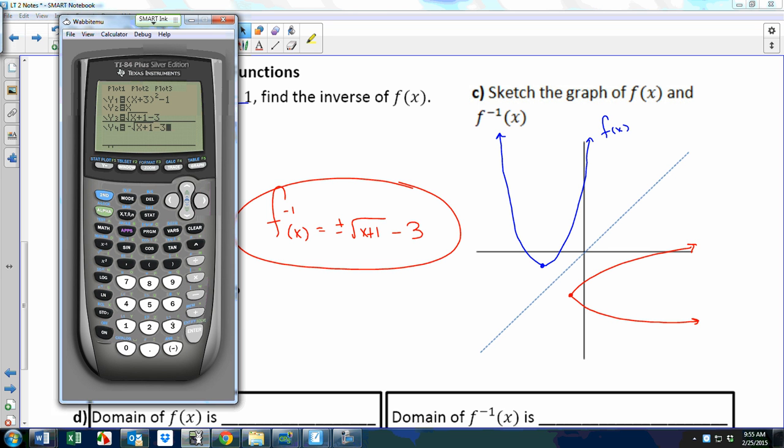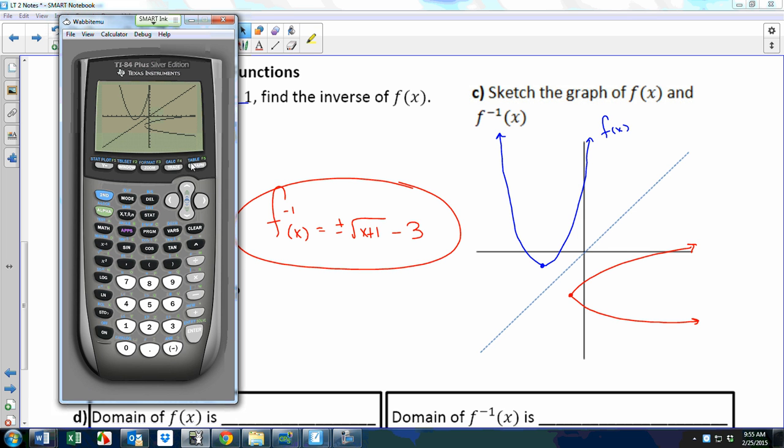So it actually takes a lot longer to use the calculator to get this picture than it would if we just understood it conceptually. That's the point of target 3 and target 5 when we get there. It takes longer to use the calculator than if you really understand what's going on. Trust me, okay? But that picture confirms what we got, right?